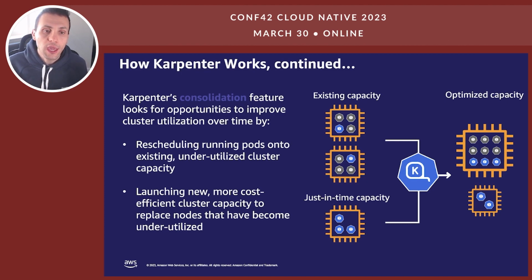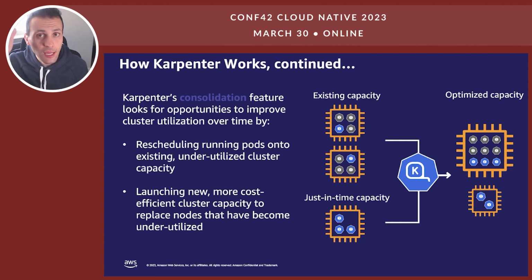So let's say, in this case here, you have 3 nodes that are, say, M5 large. Just an example. Karpenter will look at that and say, well, I can potentially spin up an M5 2xlarge and maybe an M5 medium, and bring all that capacity onto those 2 instances that are going to be more performant and better for your price.